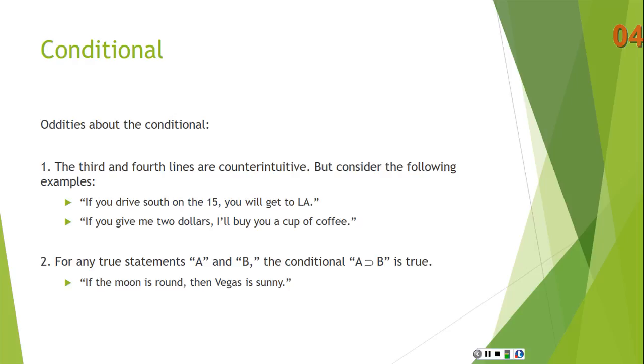So if you drive north on the 15 and somehow you end up in LA, I don't know the route that would be, but you go through Utah and then somehow connect to a southern road into Arizona and then go west and you're finally in LA. I didn't lie to you. I said if you drive south on the 15, you'll get to LA, but you drove north. You still got to LA, but it's still true that if you did drive south, you would get to LA.